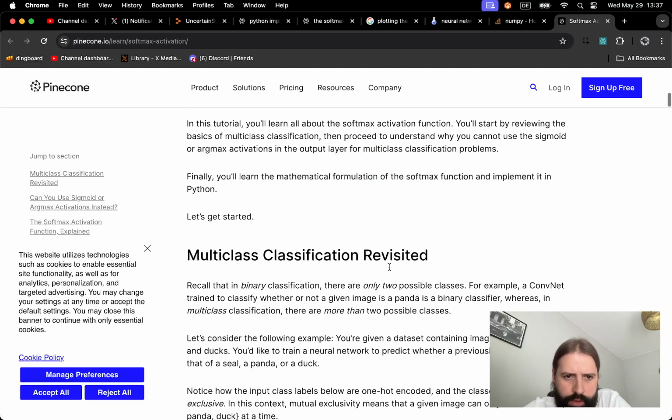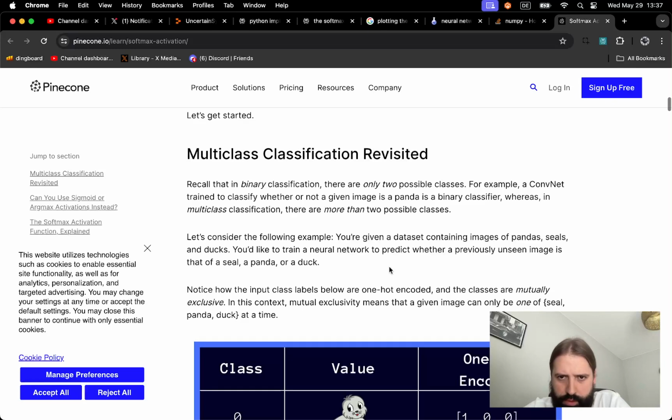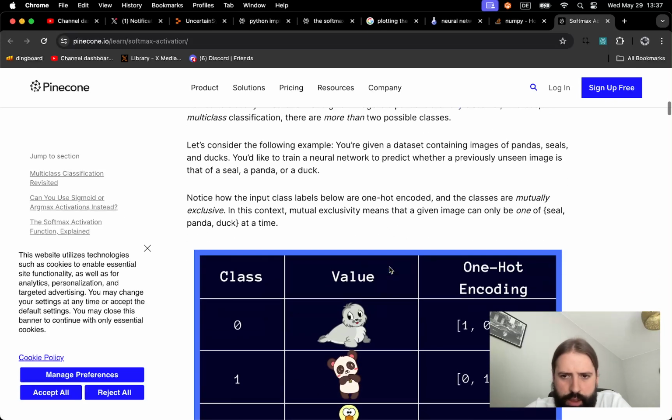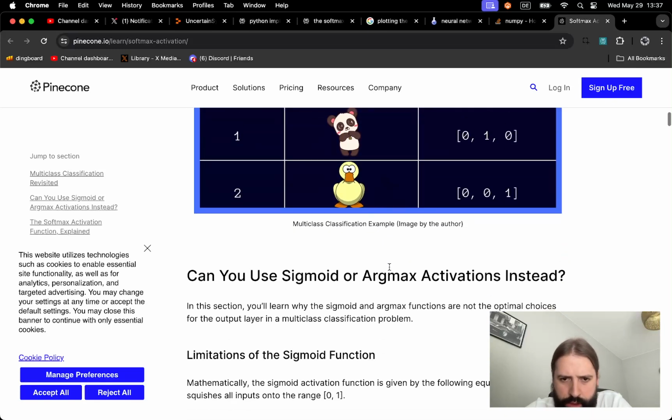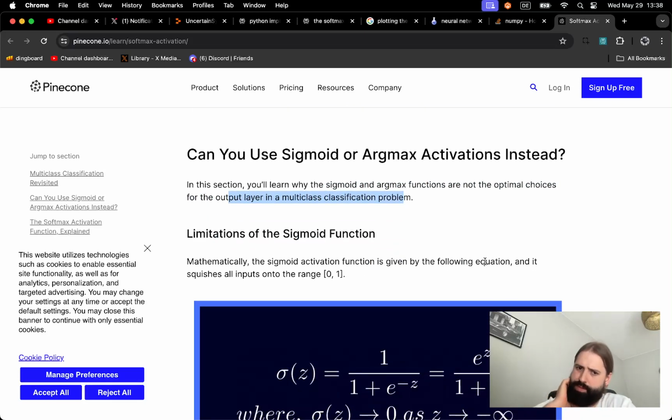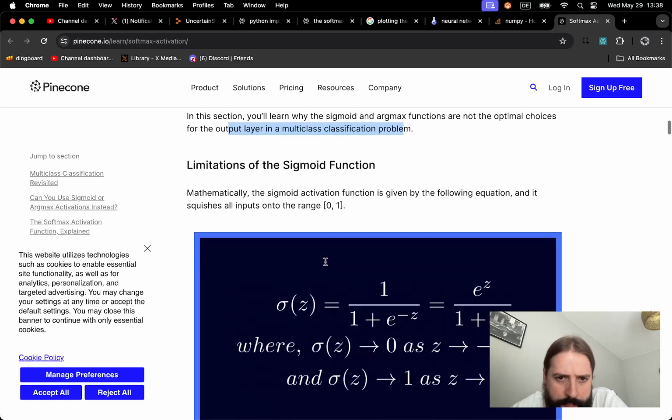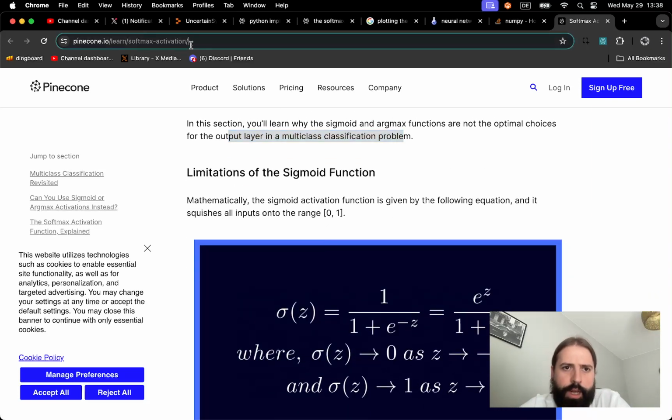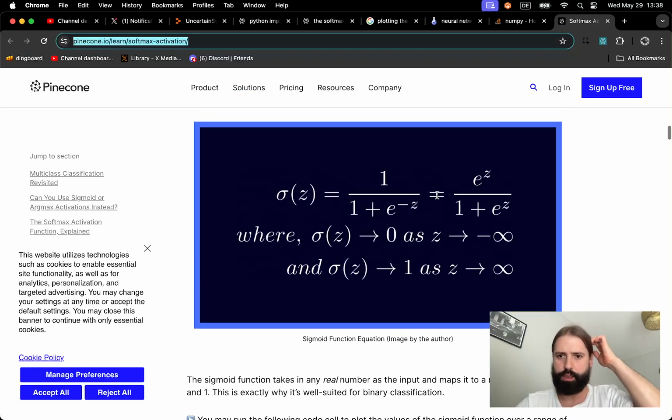Multi-class revisited. I'll just copy that link. That is actually a useful link, I think.